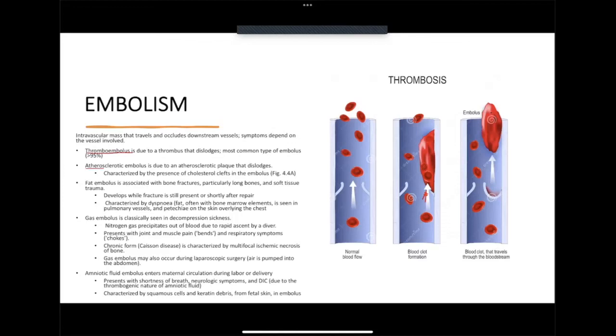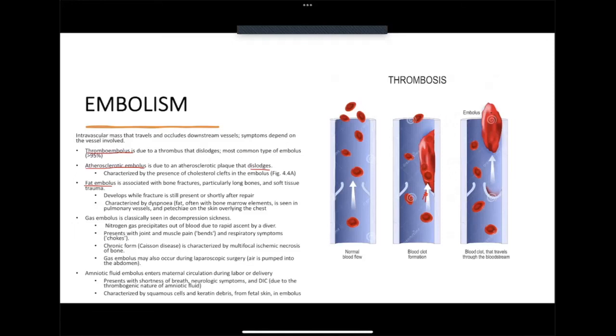You can also have an atherosclerotic embolus, which is formed from an atherosclerotic plaque that dislodges. Okay, you can also have a fat embolus. This is most probably due to fractures of long bones. The main two are thromboembolic and atherosclerotic emboli. Fat embolus is not that common.